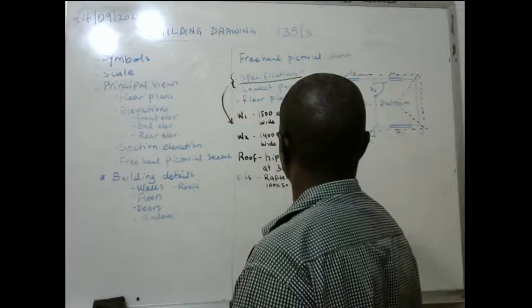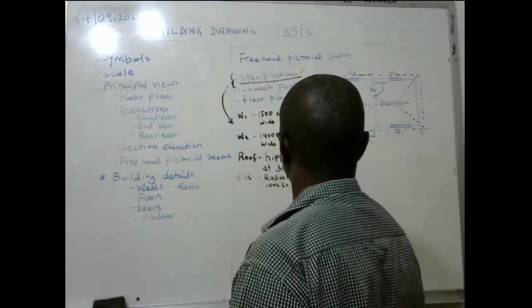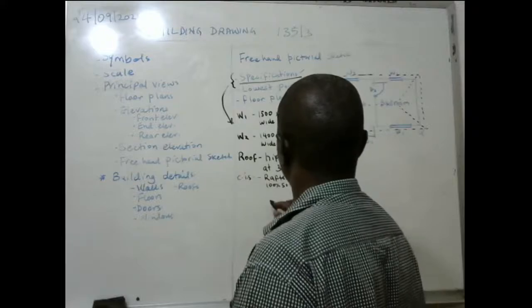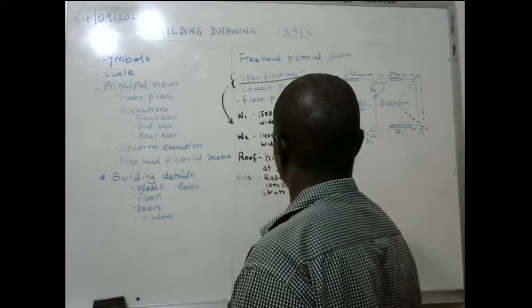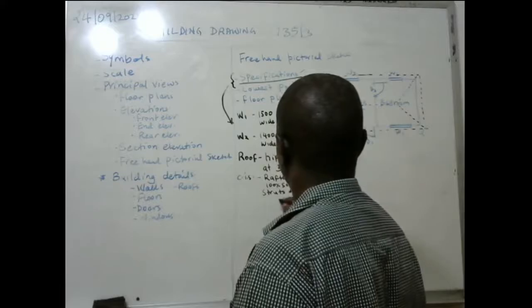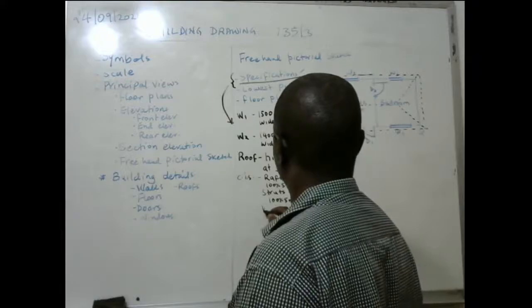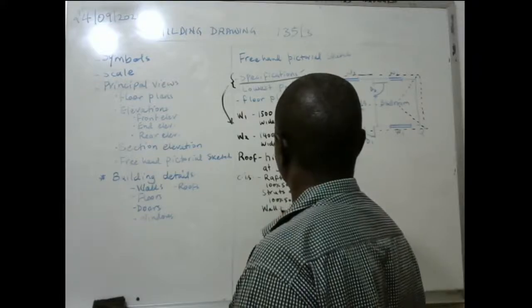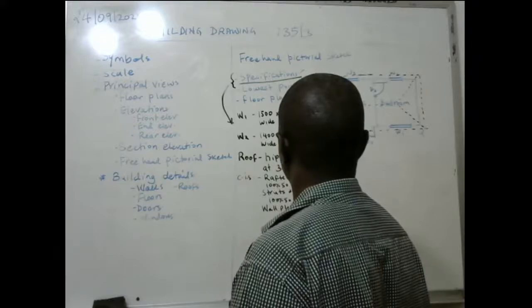We have purlins, which are also 100 by 50. Then we have struts and ties, maybe 100 by 50. We have the wall plate, which can be 100 by 75.